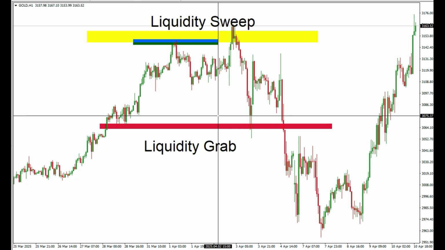The problem with this is, imagine that you have two resistance zones, one next to another. One was a strong resistance zone in the past and has now become support, and another, for example, was a whole-day support zone the next day.